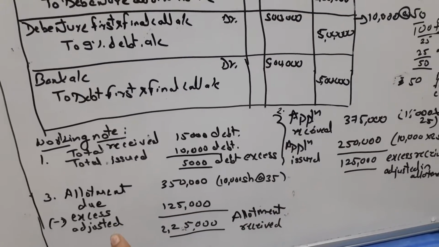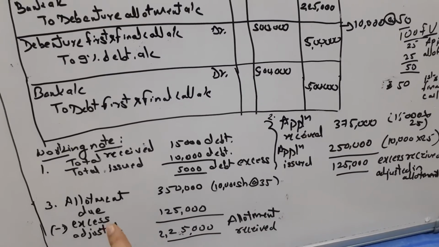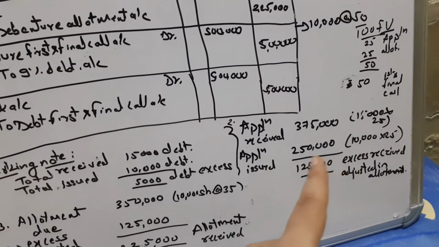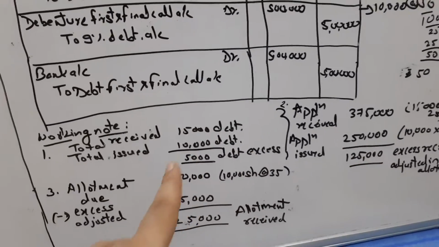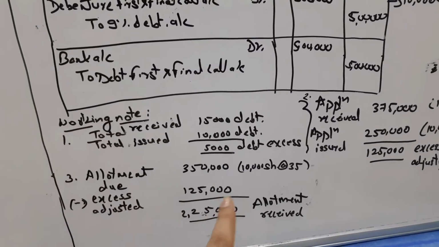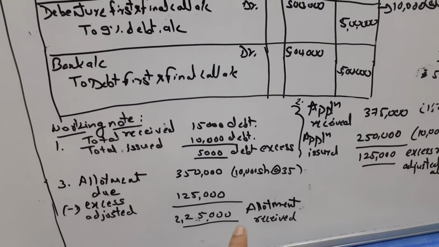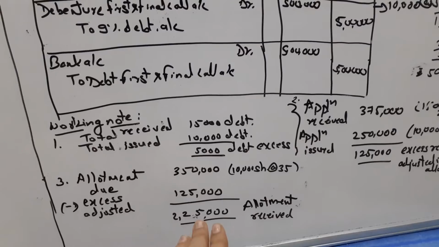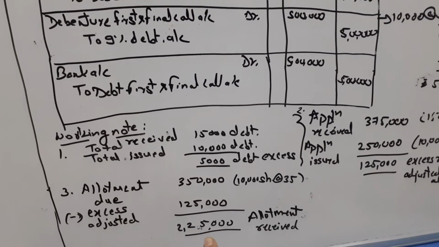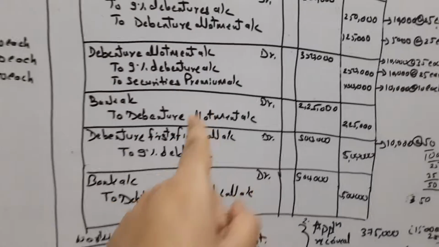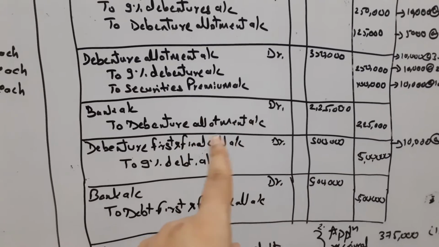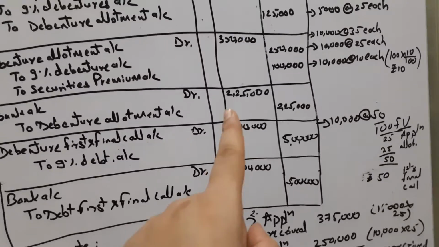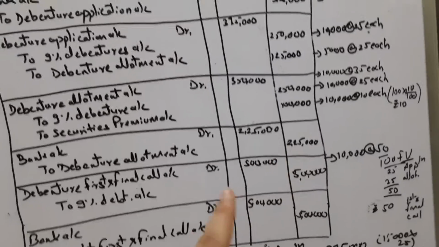Now the excess has to be adjusted. The excess I received during the application is 1,25,000. So after deducting the 1,25,000, this much is the amount in your allotment account. So as you can see in your bank account debited to debentures allotment account is 2,25,000.